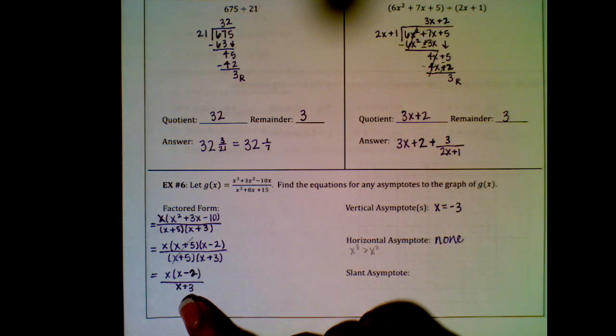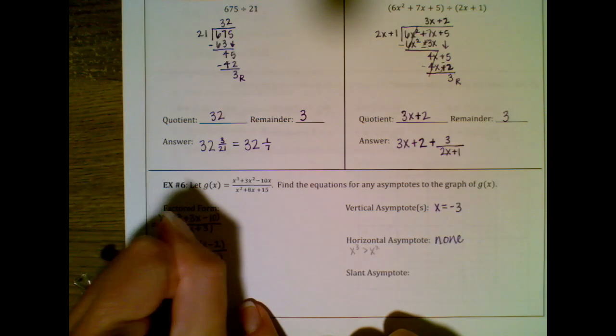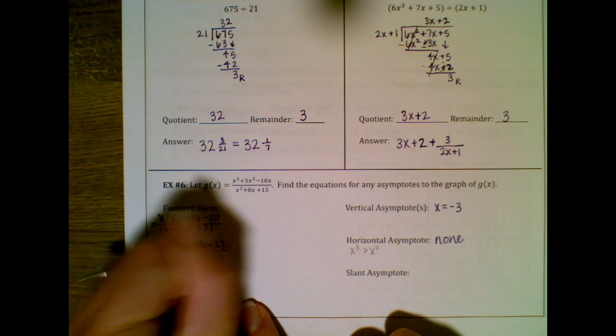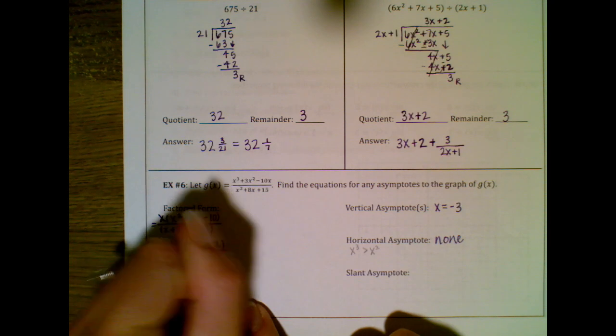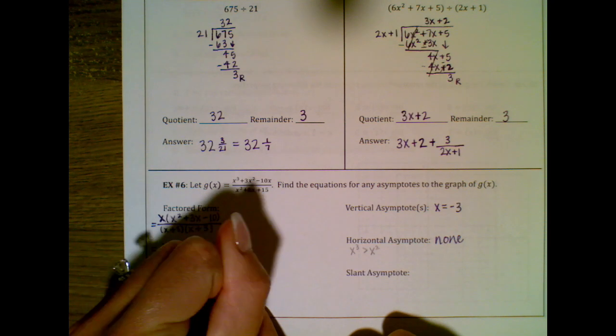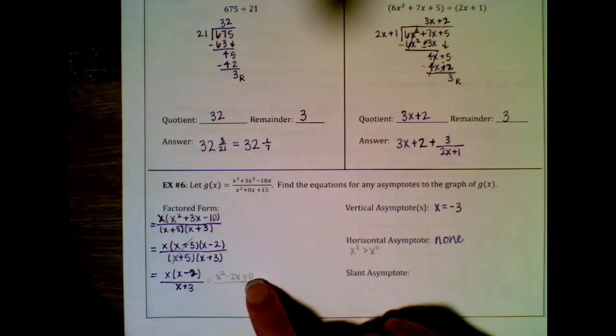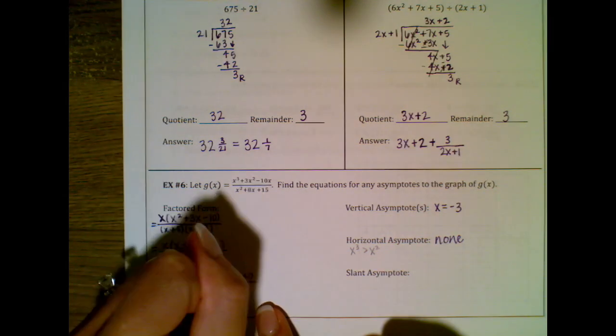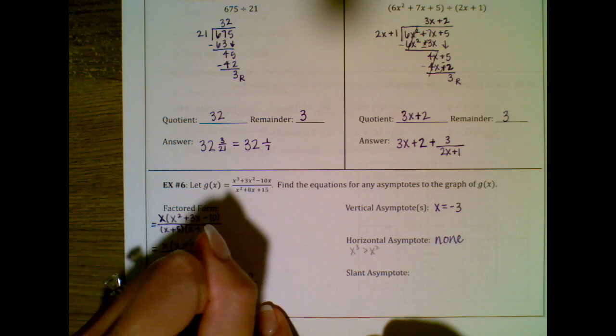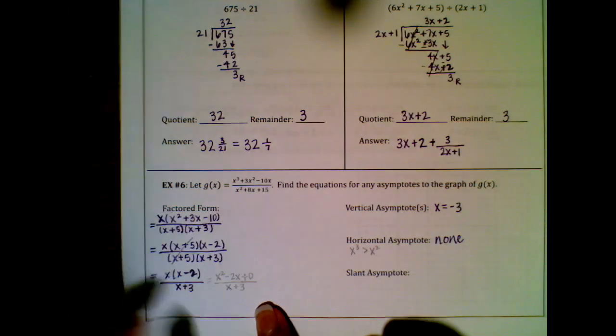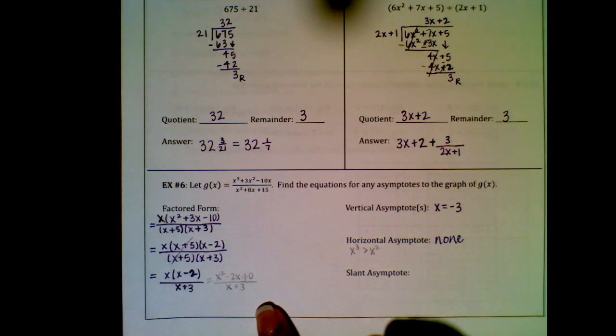But notice that this is really x squared minus 2x plus 0, because you would need to include that missing constant term, and in the denominator you have x plus 3. Just be aware of that 0 right there.